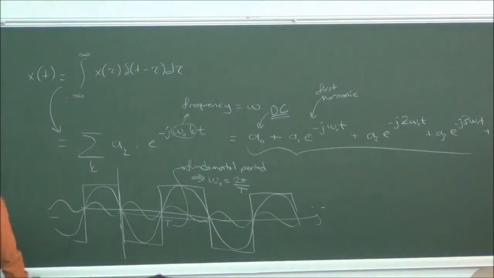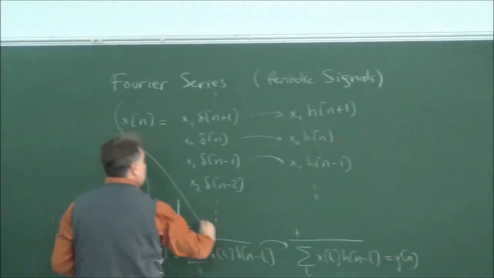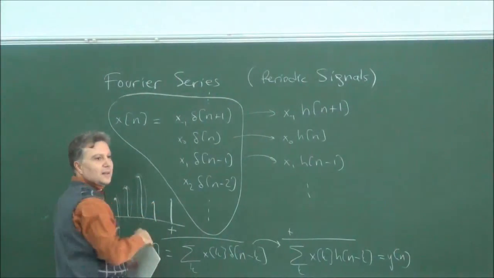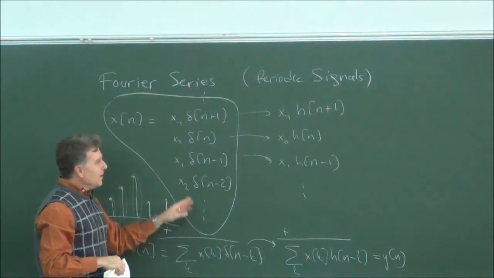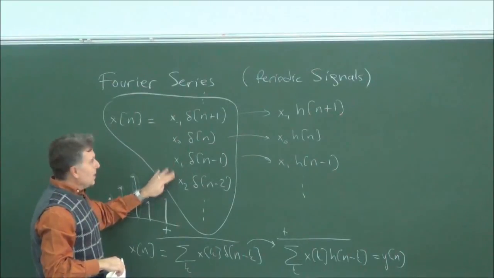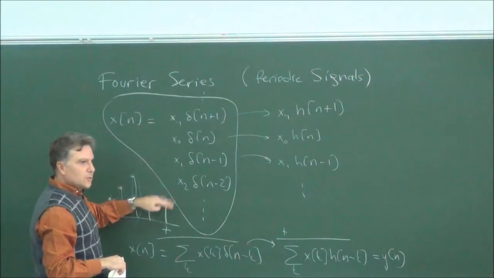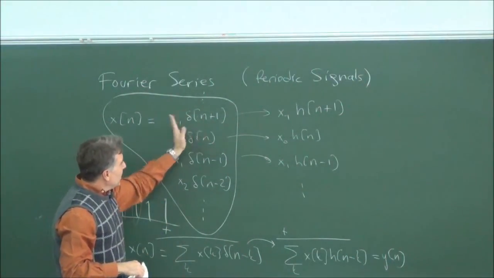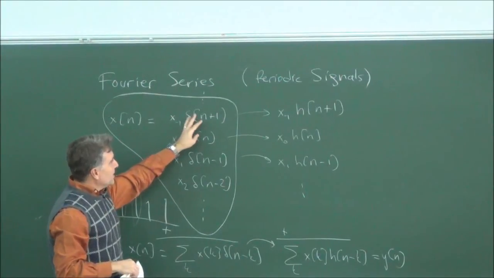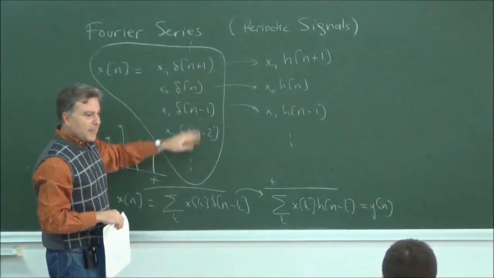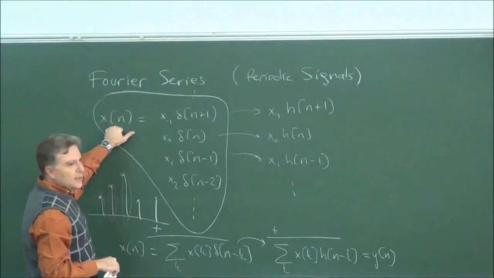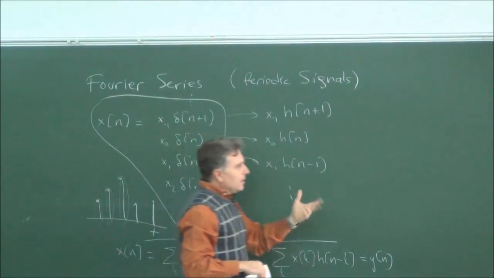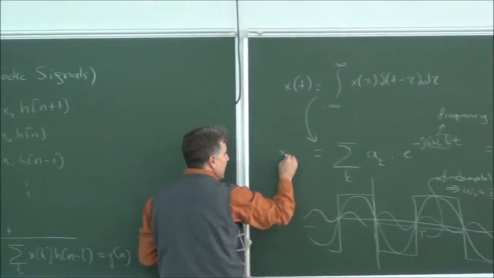And notice that it is somehow similar to this representation. We are combining some scales, x minus 1, x0, x1, x2, etc. And we are multiplying these scales by some root or kernel signals and combining them to get our signal. Here the situation is the same.